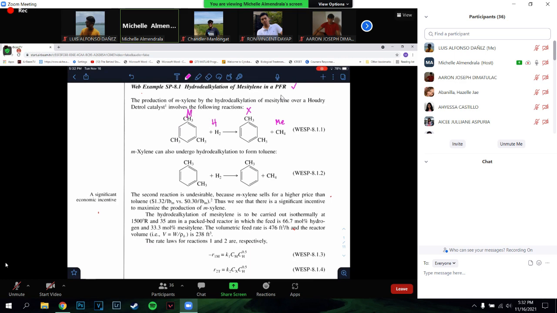This product, m-xylene, symbolized as X, will react further with hydrogen, not the same reactant, and that will form toluene, T, and another methane. So the second reaction is the undesirable one.